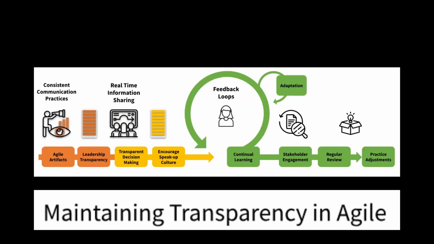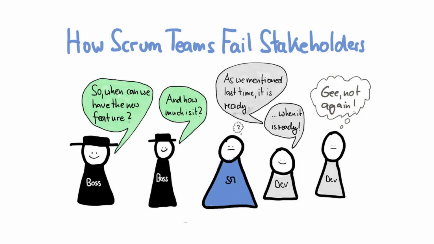By fostering an environment of transparency, Scrum teams ensure that everyone has a shared understanding of the project's goals, progress, challenges, and areas for improvement.